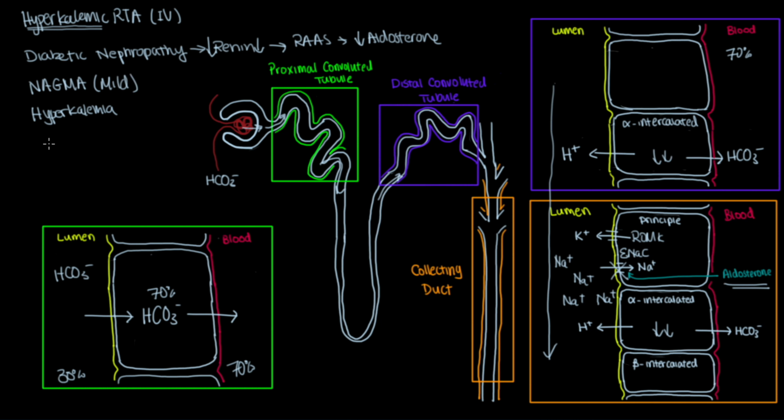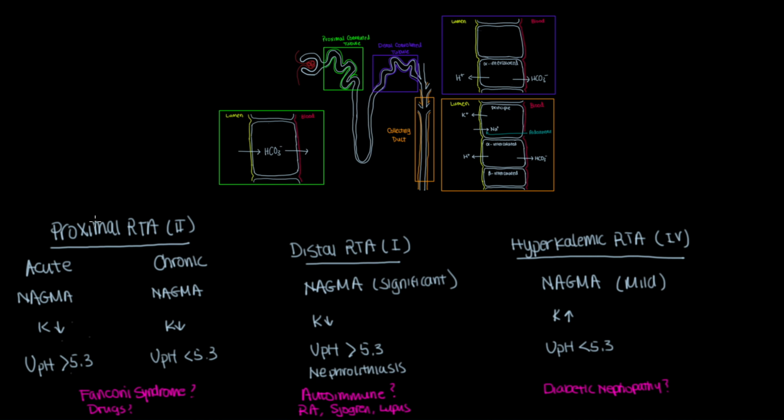And this is also reflected in the fact that the urine pH is actually able to be properly acidified. So although the function of acid secretion is reduced, the overall function is enough to actually keep the pH of the urine below 5.3.